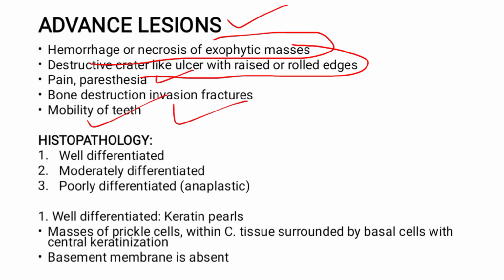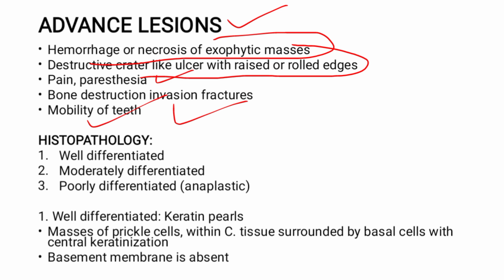Okay, so now repeat with me. In early lesions, there is asymptomatic small exophytic growth, a red white patch is present, and then you also have a small indolent ulcer. Then in the intermediate lesion, the ulceration persists.